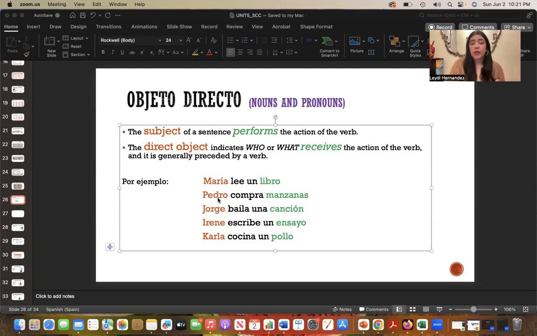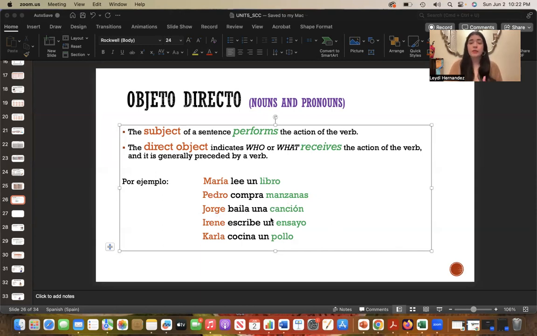Okay. Then we have the second example, Pedro compra manzanas. Pedro is my subject because he is performing an action. My action is comprar, to buy, and then manzanas is receiving the action directly. So that is my direct object noun. My next example, Jorge baila una canción.